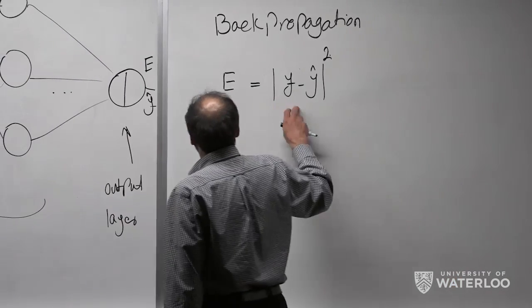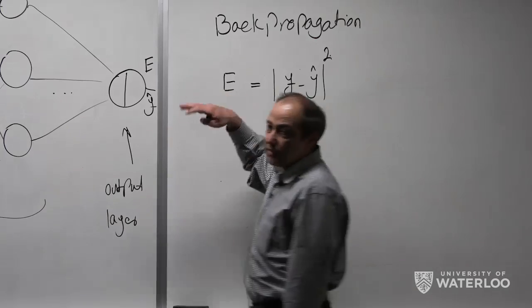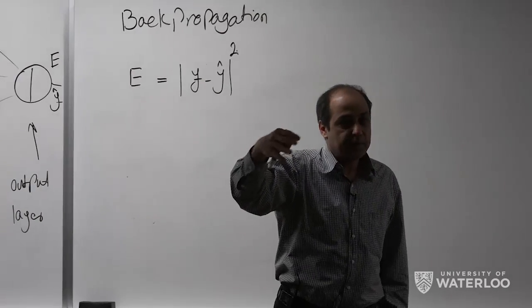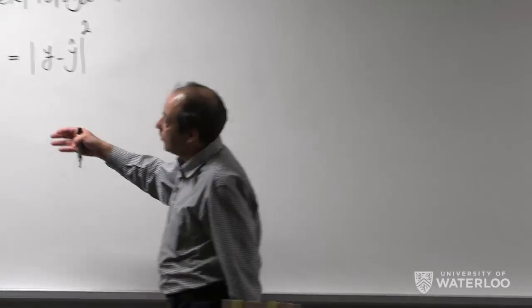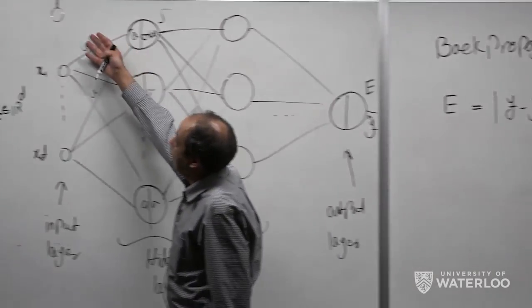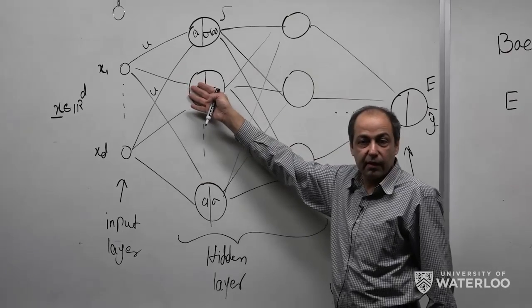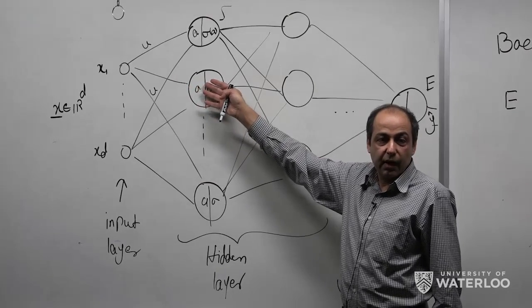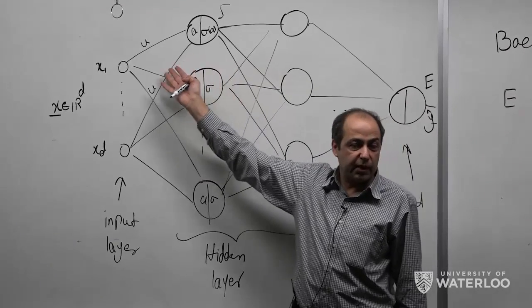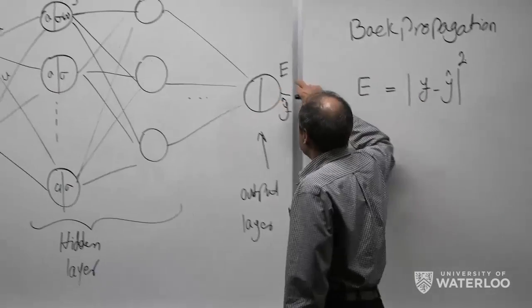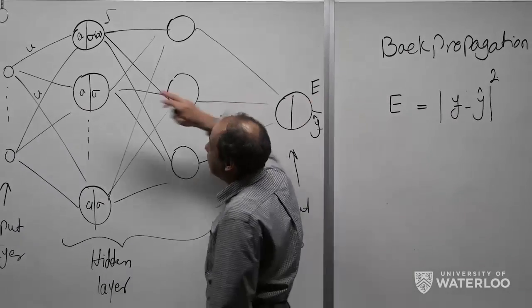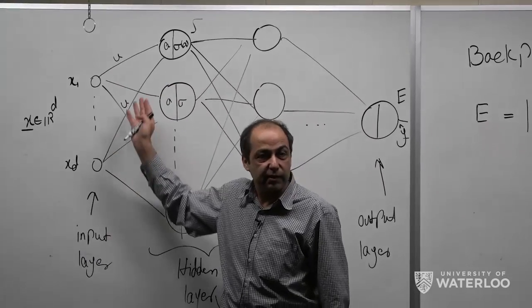And our job is to take derivatives, similar to what we did for perceptron, where we took the derivative of the output with respect to the parameters of the model. The parameters of the model now are these weights, right? Optimizing the model means optimizing these weights. So I need a way to take the derivative of this output with respect to these weights.